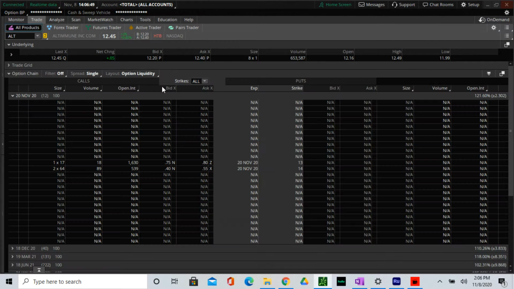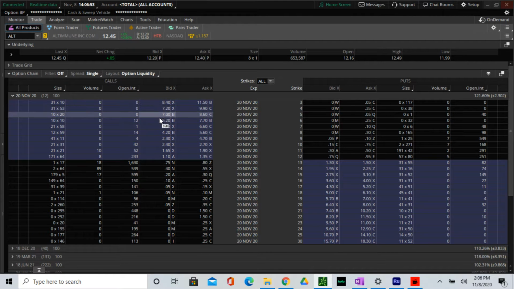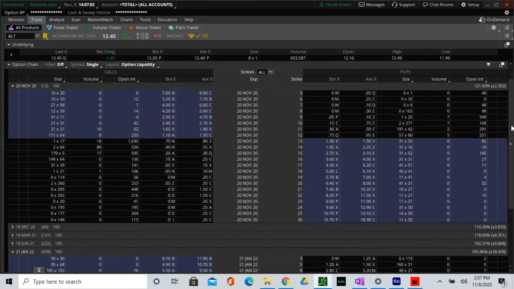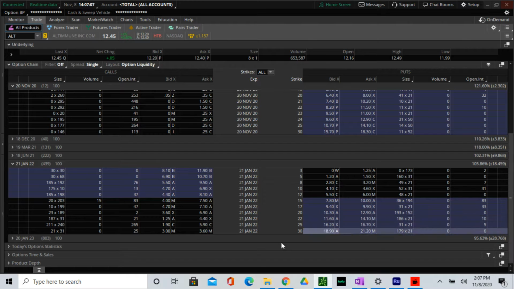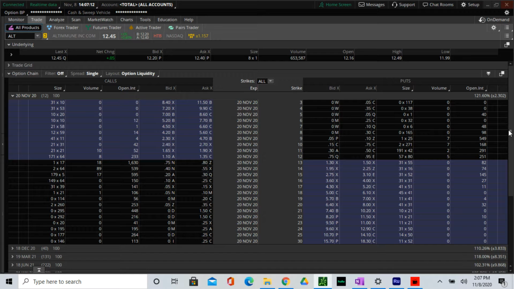The volume on the options contracts is horrible, right? So this is your option chain, right? You'll have a series of contracts that extend, not just in November, but going up until January 23rd. That's what I see that's available, right? So we have these contracts, and with these contracts, we are investigating the underlying share price of the stock, right?